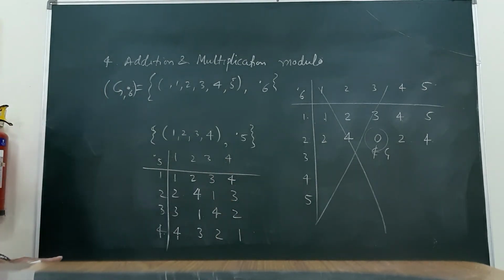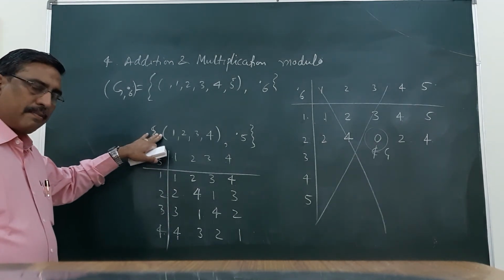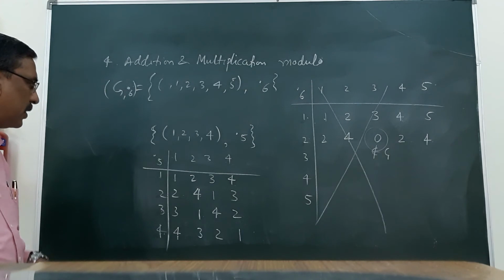Now all the entries belong to this set, so the closure property holds good.